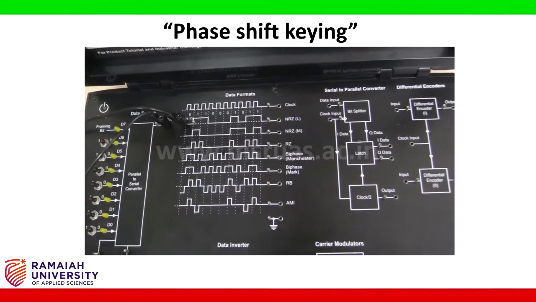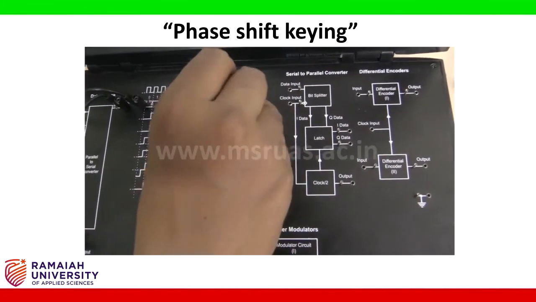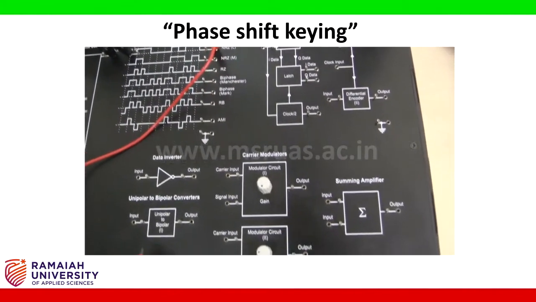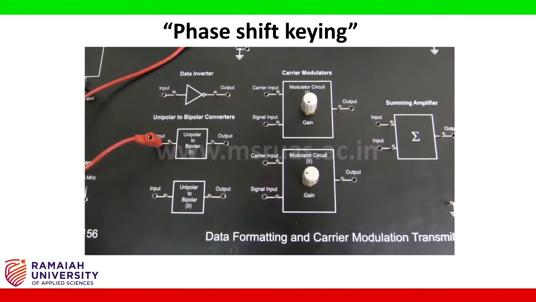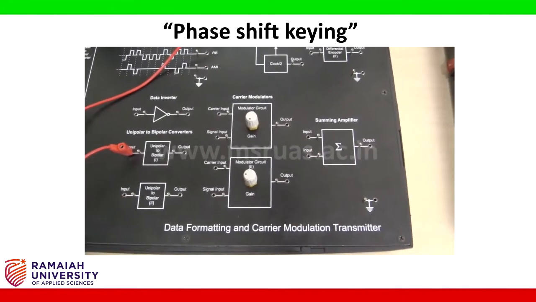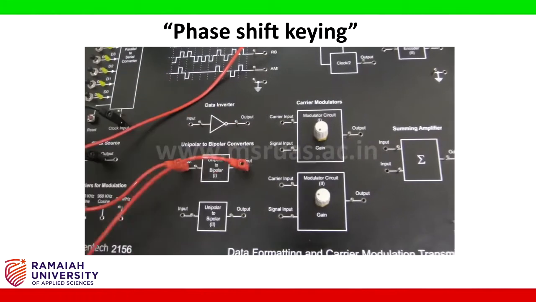Then I am connecting NRZL low to unipolar bipolar input, unipolar to bipolar. Then output of the unipolar bipolar to the signal input.